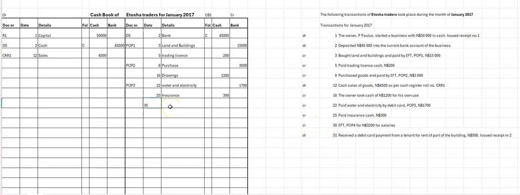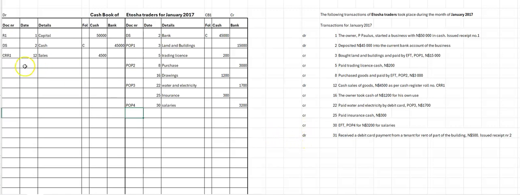We go to the credit side. EFT, proof of payment number 4 for salaries. Okay, so proof of payment number 4. What did we pay for? We paid for salaries. And how did we pay for it? We paid on EFT, which means our bank decreased with 3,200.